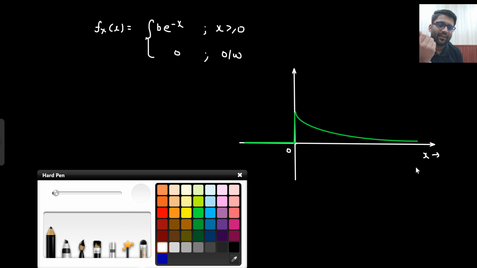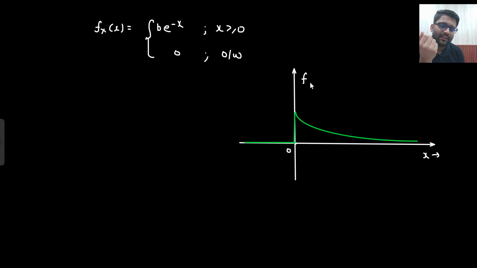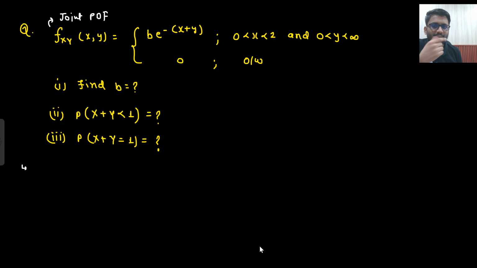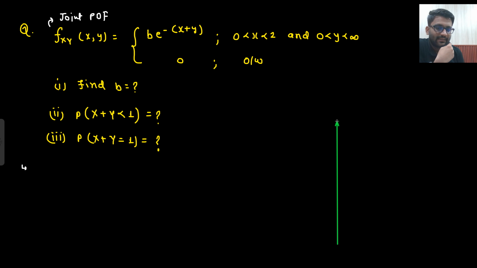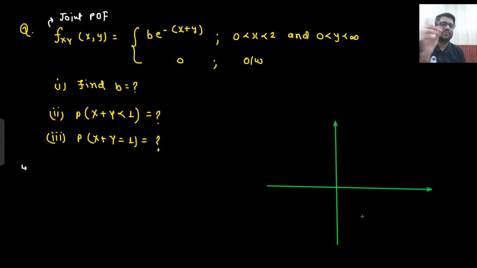So what were we drawing? We were drawing x versus fx of x. Our random variable x takes values from 0 to infinity, and this is our fx of x, which at x equals 0 has the value b, right? Similarly here, what is the scenario? Here there are 3 things: random variable x, random variable y, and fxy of x comma y.